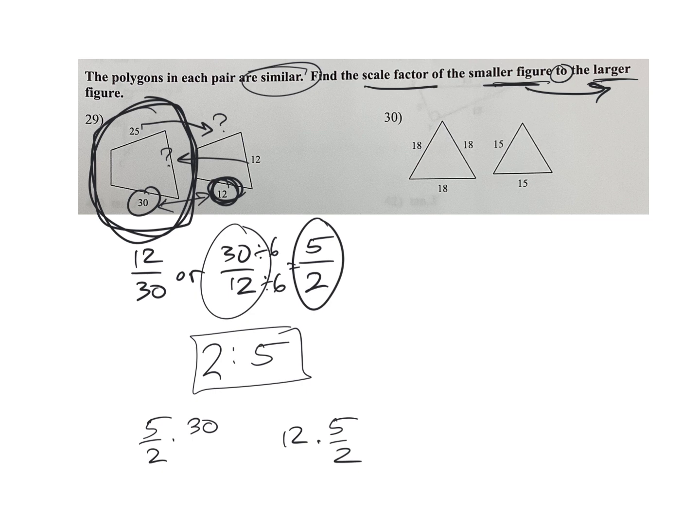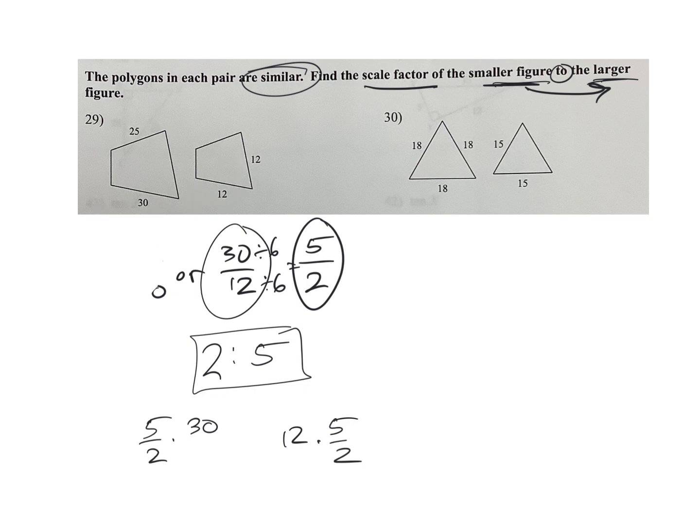If I wanted to, let me erase a couple of things here. This is a good practice for you. If I asked you what that position was, and you didn't know any of these numbers, you can't set up a proportion.